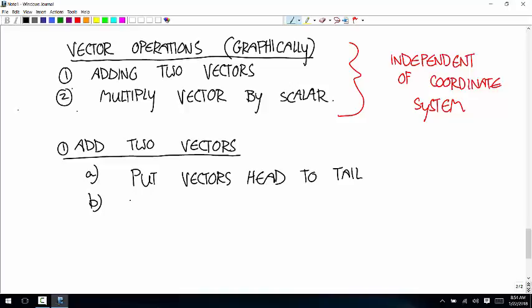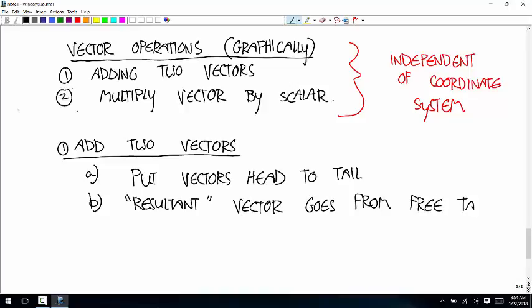And then the resultant vector, that's the sum of the two vectors, goes from the free tail, the tail that's not touching the other vector, to the free head, the head that's not touching the other vector.